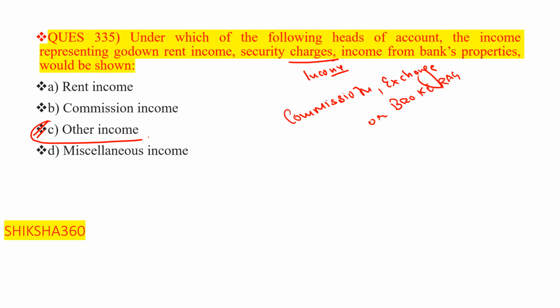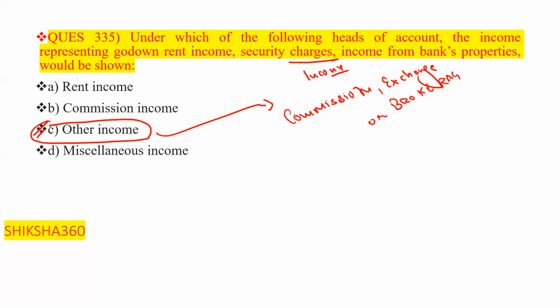Under other income we have this head, commission, exchange or brokerage. So option C is the answer, that is other income. If they had exactly given commission, exchange and brokerage we would go with that option, but here they have just given commission income and rent income. Security charges are like a commission income.